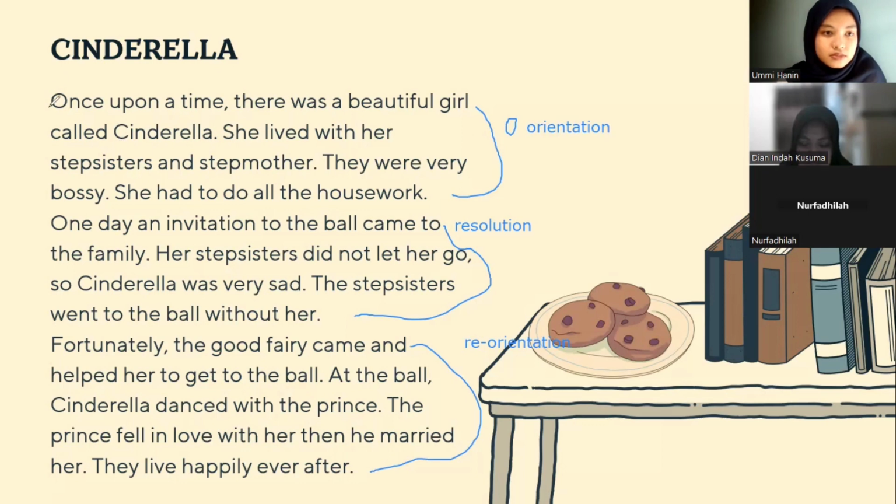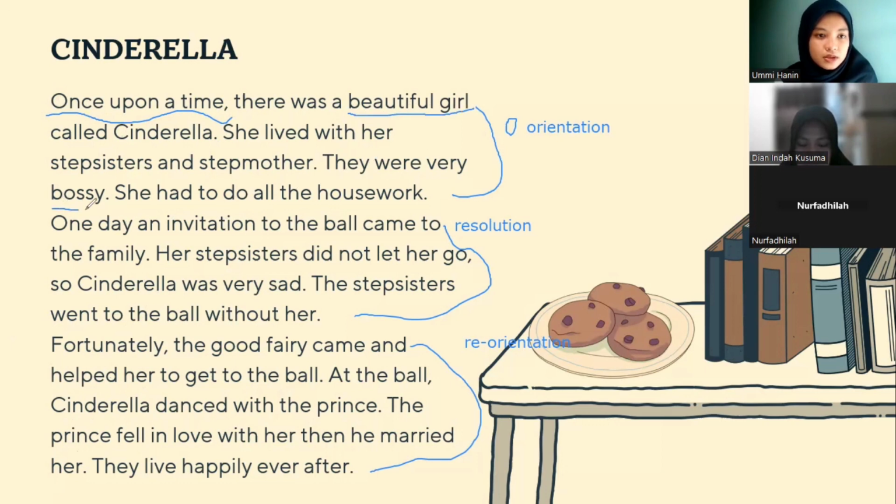The adverbial includes once upon a time, and the second is the adjective. Adjectives are used to provide descriptions and change the vividness of the story. For example, a beautiful girl, very bossy, sad, and happily ever after.